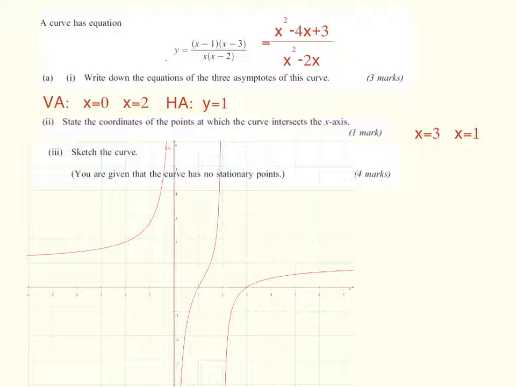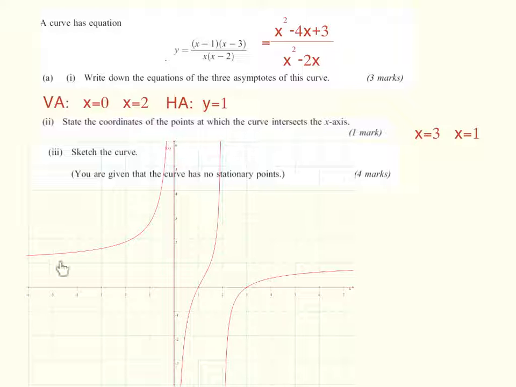Okay, so here you can see the sketch of our graph. You can see that we've got the vertical asymptotes when x equals 0. And you can see we've got, so bear with me. Here is the asymptote when x equals 0. Here's the vertical asymptote when x equals 2.